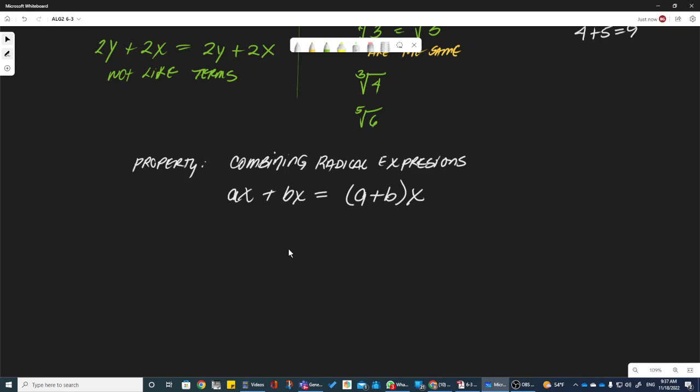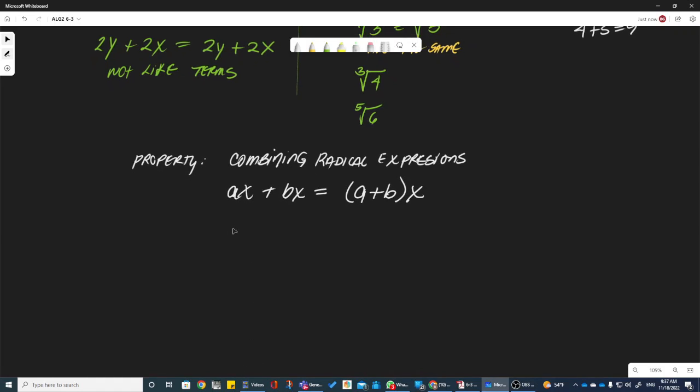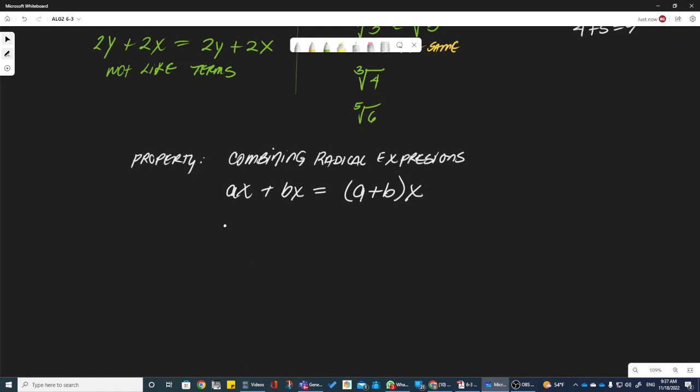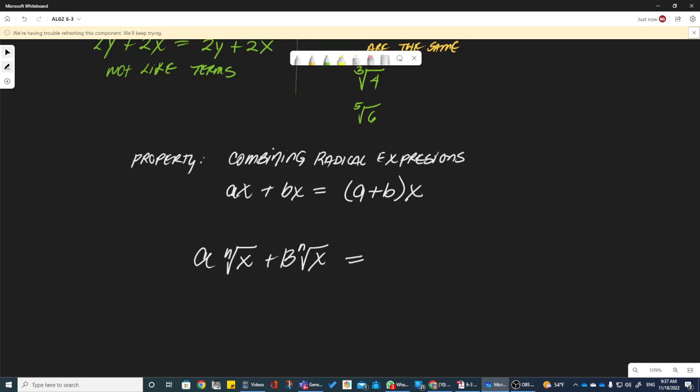The same happens when you have like radicals. So if you have the same radical, then you can add their coefficients, and that will be equal to a plus b times the same radical.